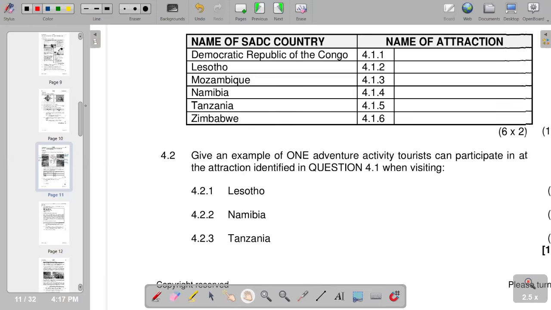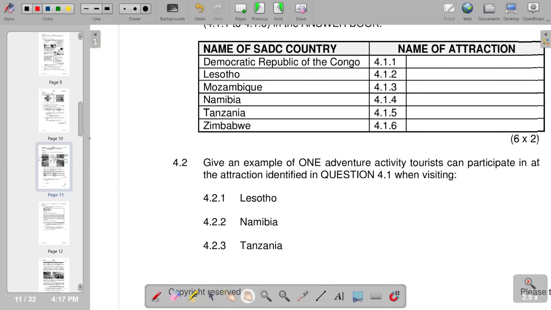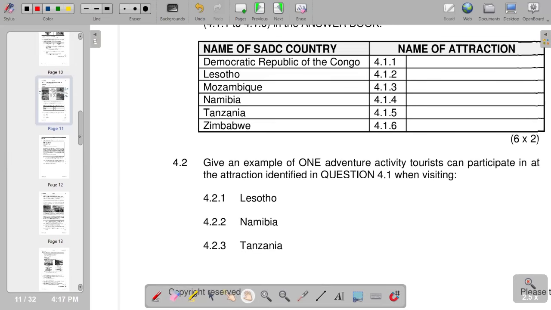We have got hiking. There can be hiking in Sani Pass. So those are the activities that we can mention in terms of Lesotho. We have got hiking. We can also include 4x4 driving.